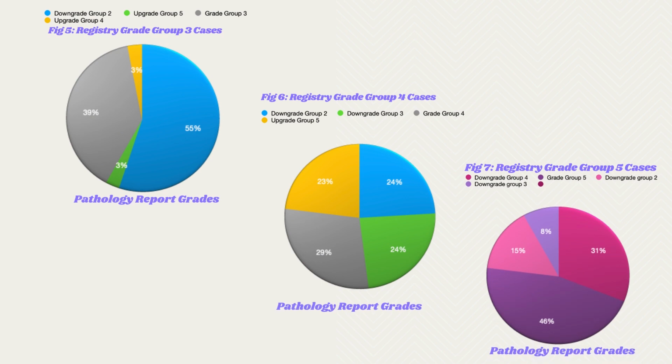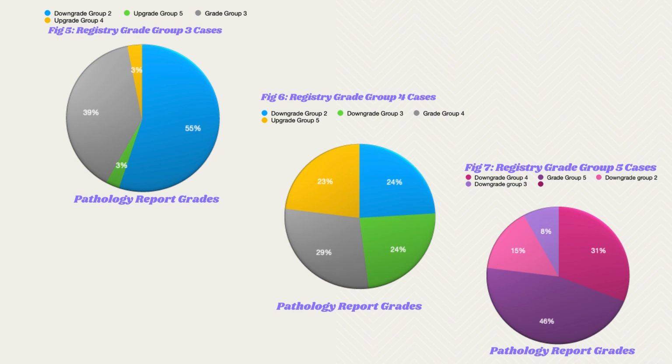On the next slides, you will be able to see the comparison between the cancer registry grade group 3, grade group 4, and grade group 5, compared to the pathology report grades. There are significant differences as well.